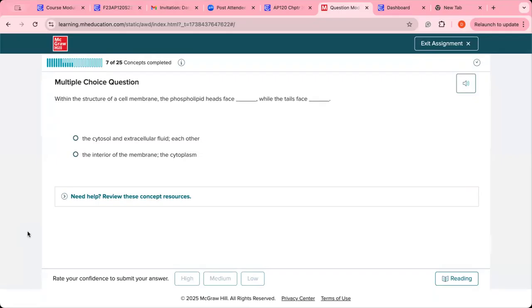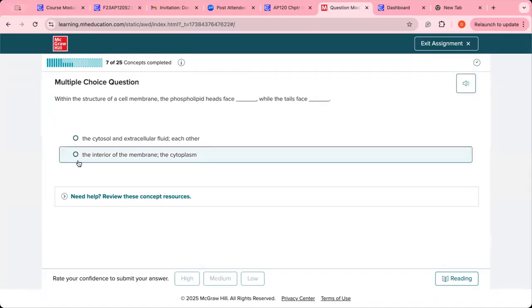So the phospholipid heads are going to face outward and the tails are going to go inward toward the cytoplasm. So I would say it's the second one. The phospholipid heads face the interior of the membrane and the cytoplasm.